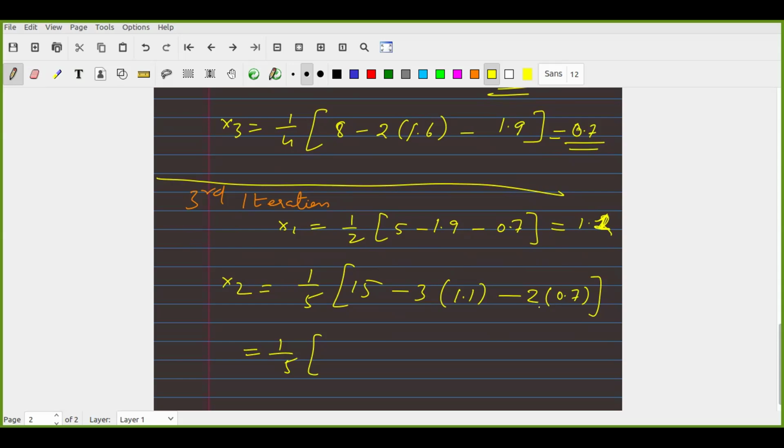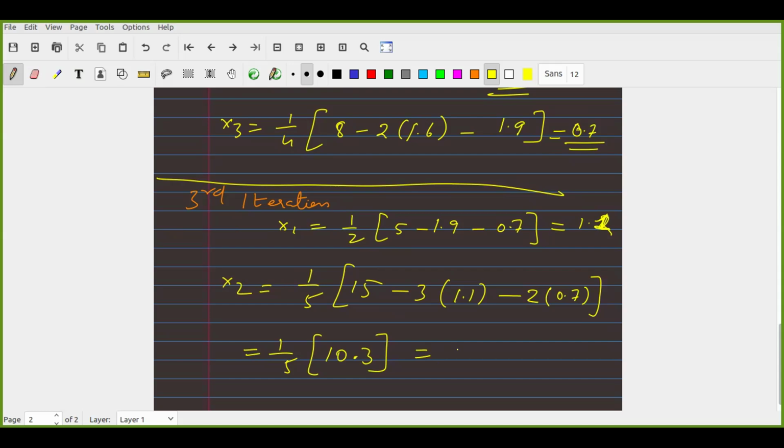So 3.3, 4.3, 4.7, so 10.3 by 5. It's roughly 2.